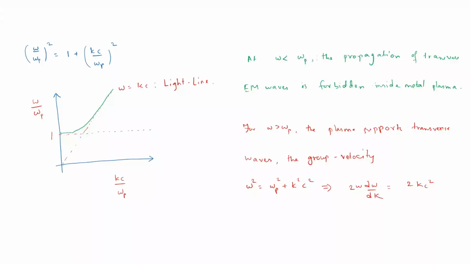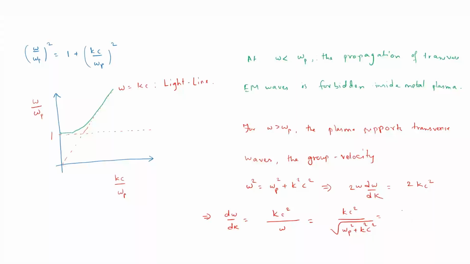So this implies that d omega by dk equals k c square over omega, and omega we can write as the square root of omega p square plus k square c square.